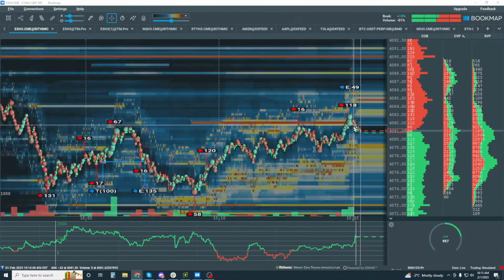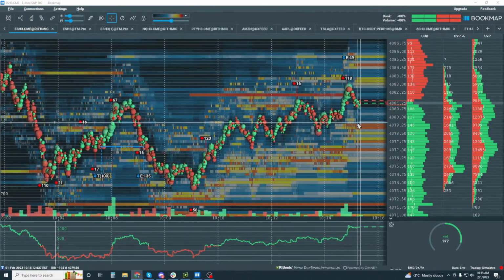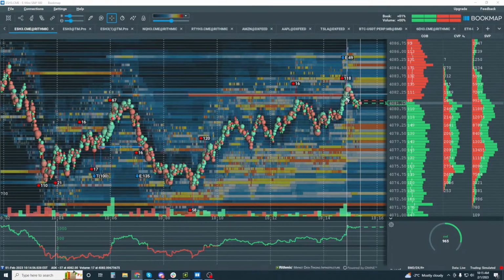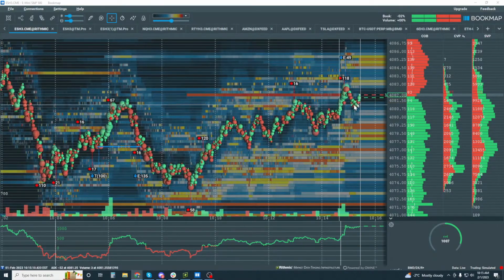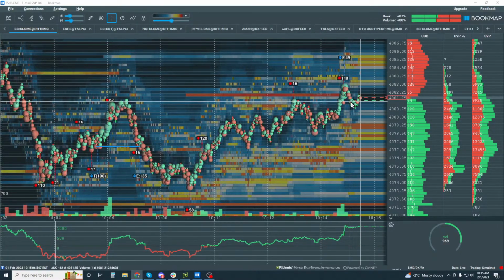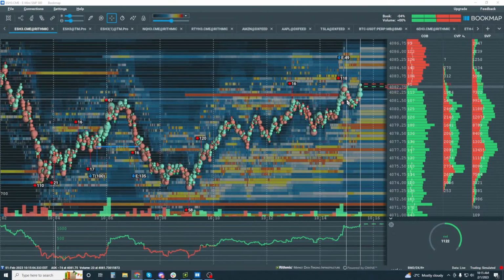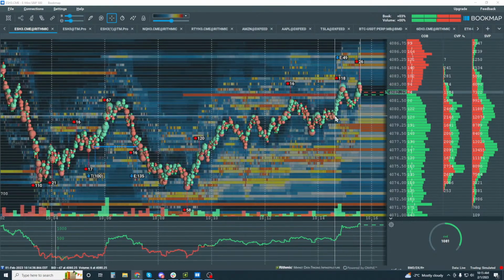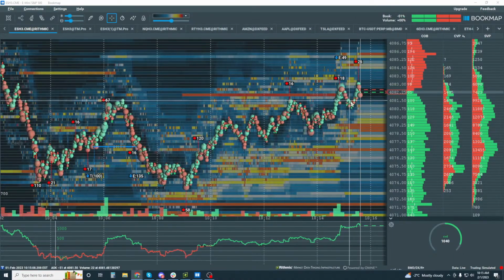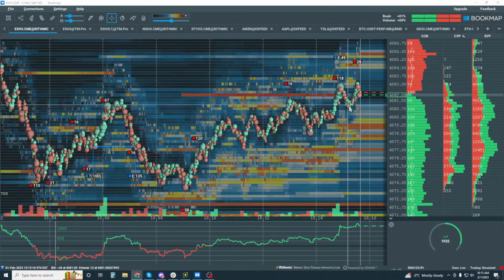We're getting some buyers here, but there's going to be a stop run above this range too. Not quite seeing it yet, but if we went with the order flow, we're looking for it to go higher still. We might get a false breakout here. Let me go through that scenario quickly because it might unfold.